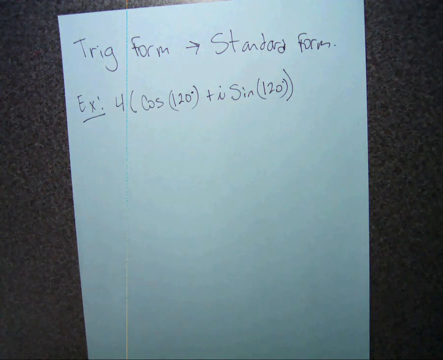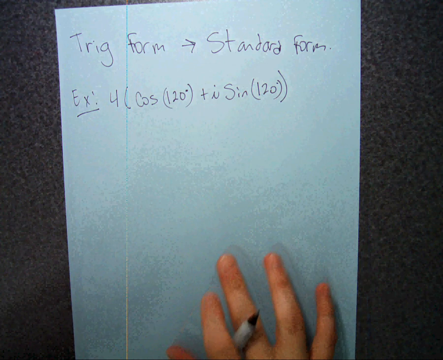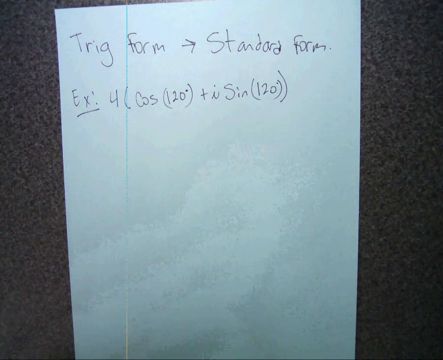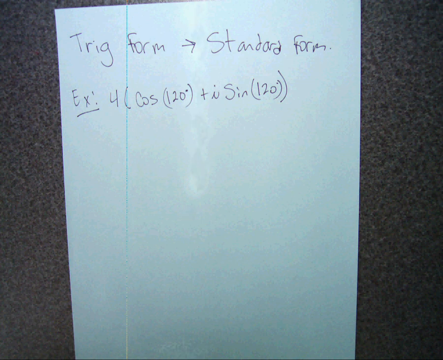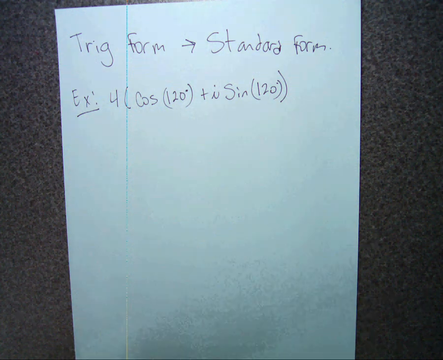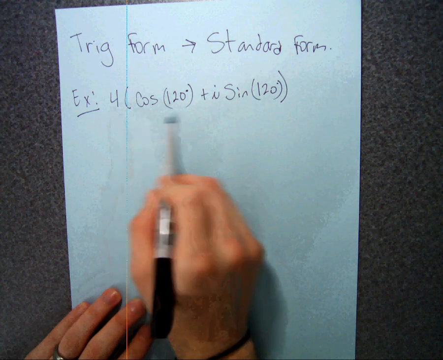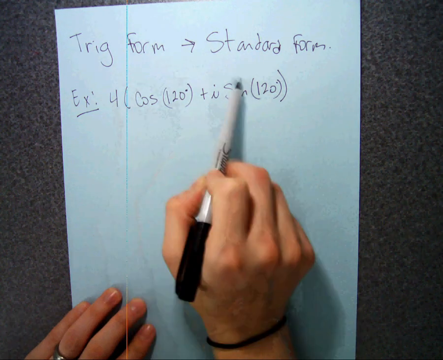It's just a matter of figuring out what cosine of 120 is and sine of 120 is, and then multiplying by 4. This will yield your real part, and 4 times sine of 120 will give your imaginary part. What is cosine of 120?